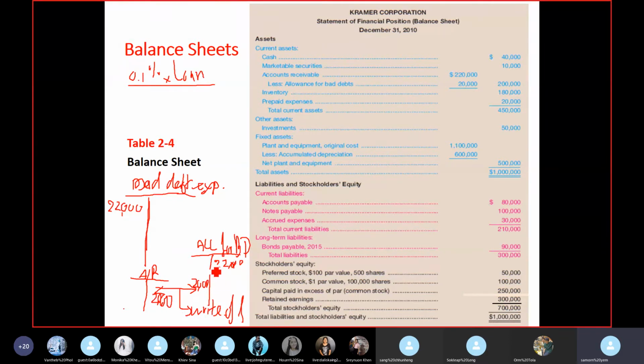So the balance of the allowance for bad debt is 20,000 at the end of the year.